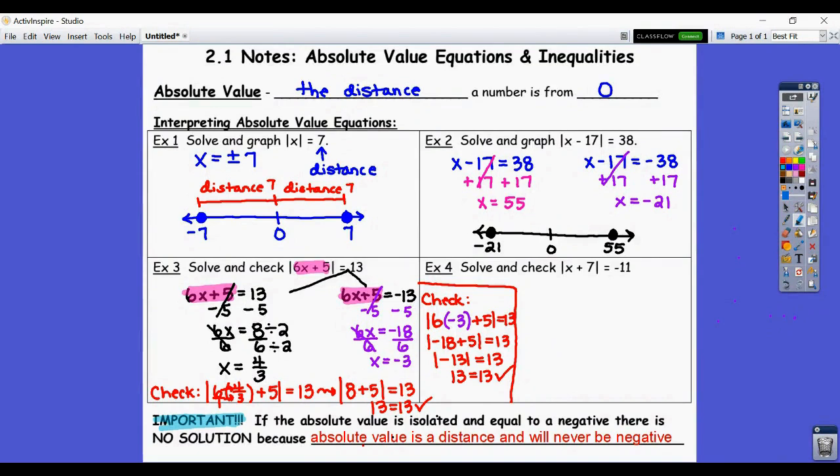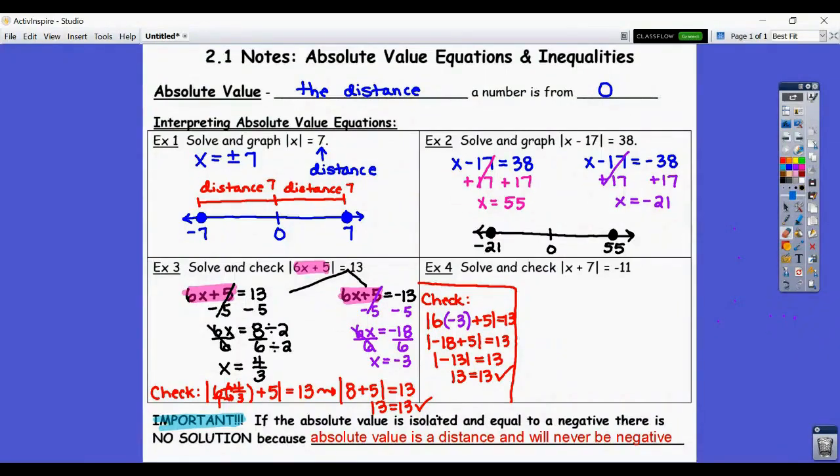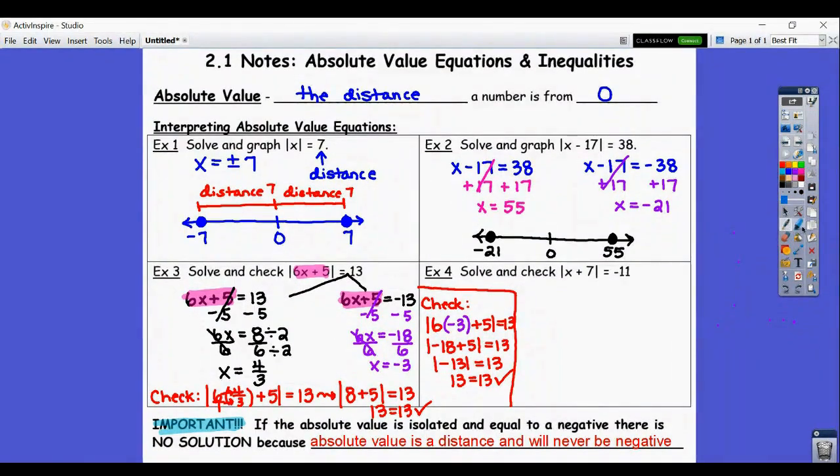It is important that if the absolute value is isolated, meaning it's all alone, it's not being multiplied, subtracted, or added, and it also is equal to negative, there is no solution because absolute value is a distance and distance will never be negative. You can't say you're going a negative distance to, if you were going to school, you can't say you're going a negative distance. Can't have negative distance here.